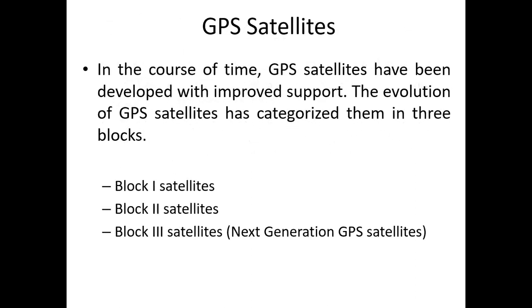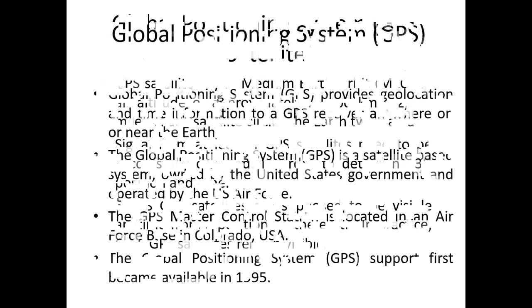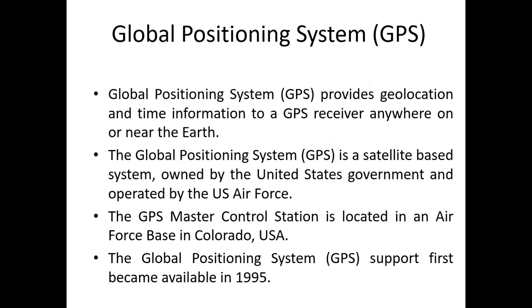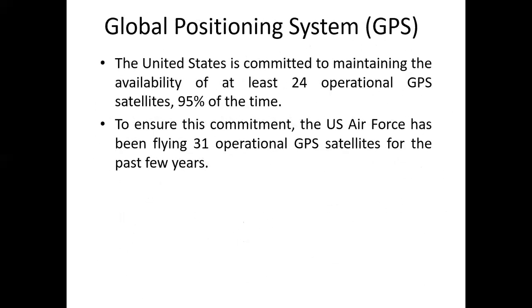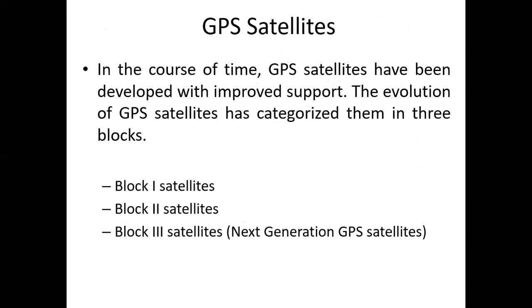The GPS satellites, you know that it started operating in 1995, right? And since then, the satellites have had a few generations. Like the Block 1 satellites were first launched, and you know that the lifespan of a satellite is not too long.